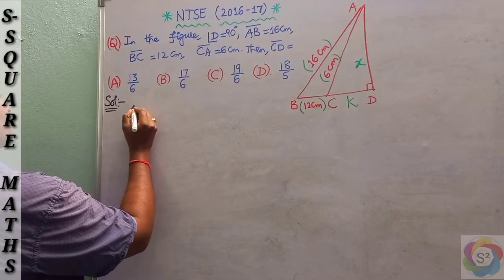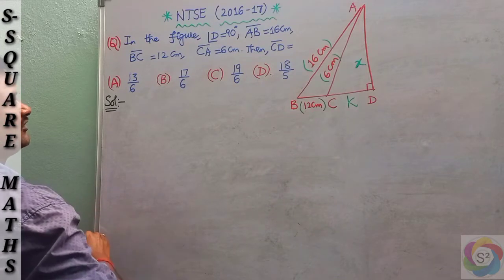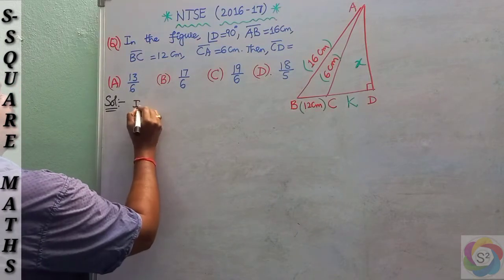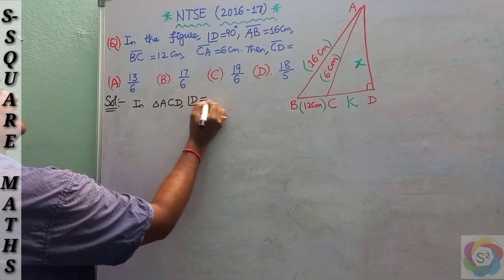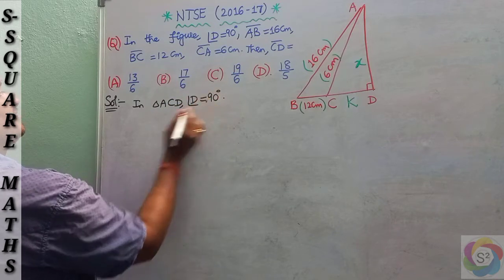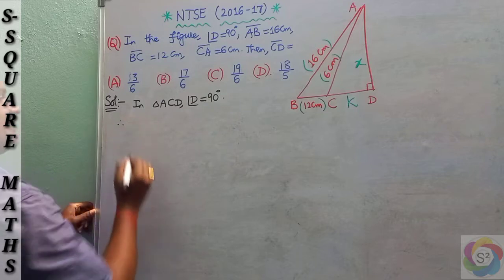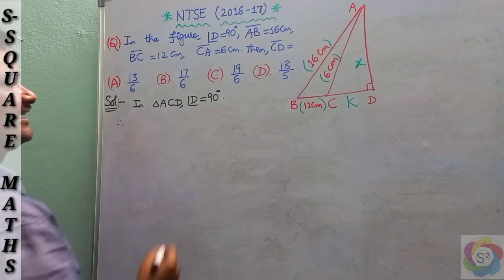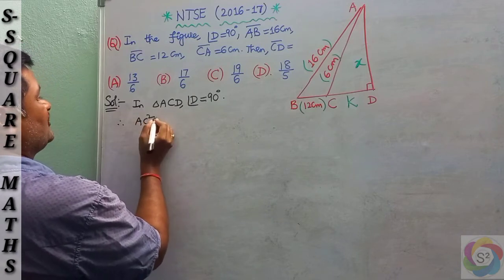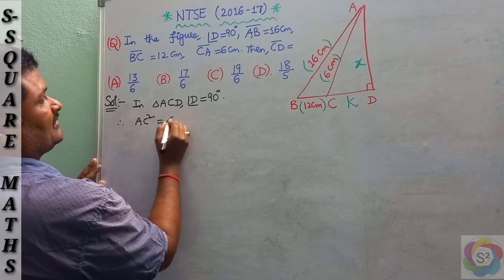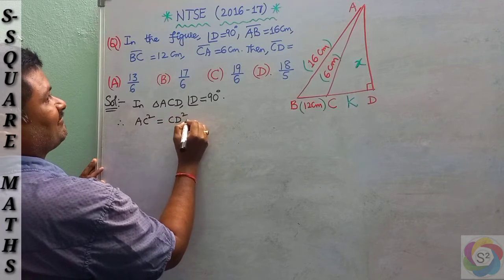Solution follows. In triangle ACD, angle A is 90 degrees. Therefore, by applying the Pythagoras theorem, AC square is equal to CD square plus AD square.